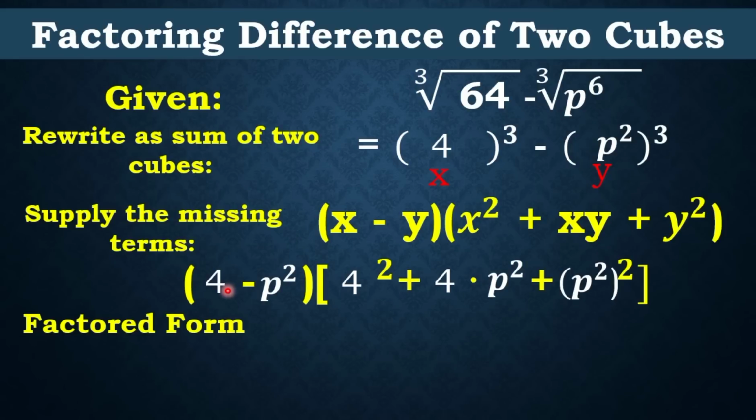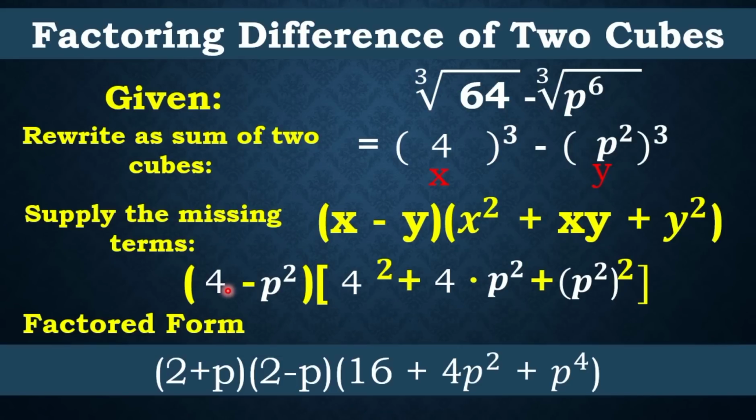So, our factored form is 4 minus p squared, and then 4 squared is 16. Ito is the times natin to. So, 4 times p squared, that is 4p squared. And then, p squared times p squared, so p raised to 4. Now, bakit ganito siya? Okay. So, kung babalikan nyo yung difference of two squares, this is actually difference of two squares.